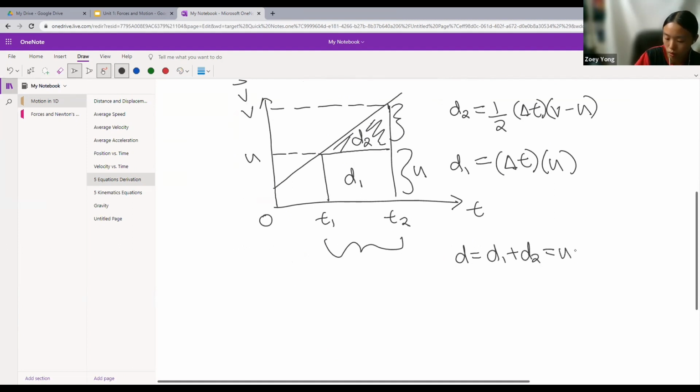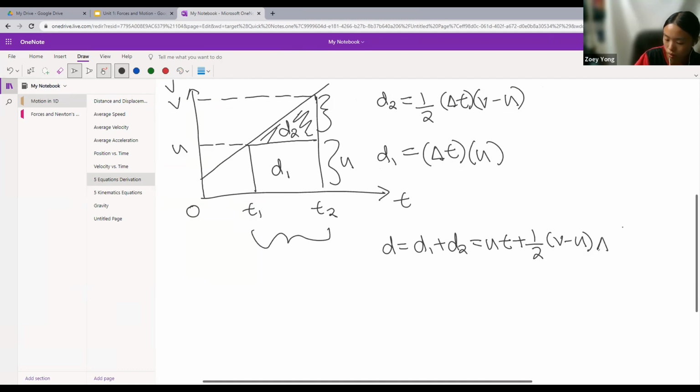You'll get ut. So I'm just going to write delta t as t because it's simpler to look at. When I write t, it's really delta t. The overall equation is going to be ut plus half times v minus u times delta t. Okay, we can simplify this into ut plus half vt minus half ut.